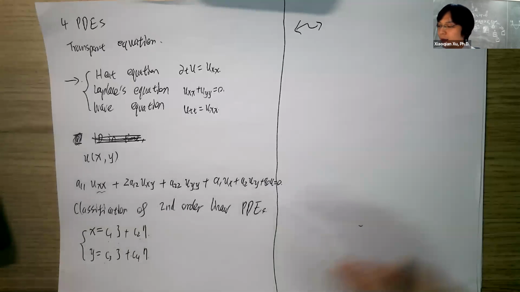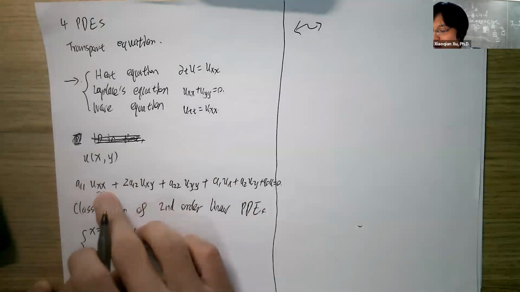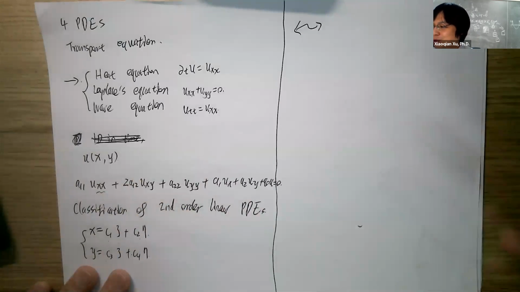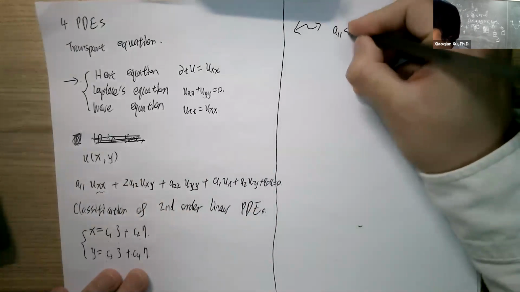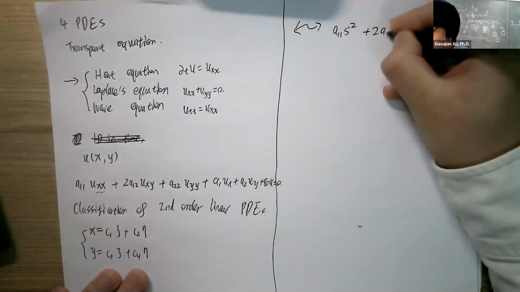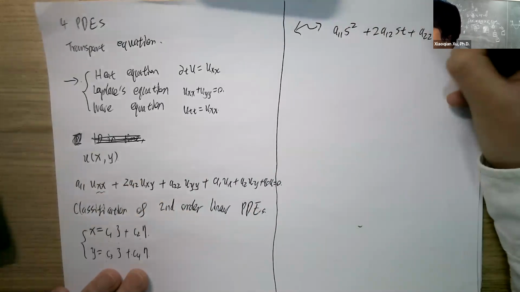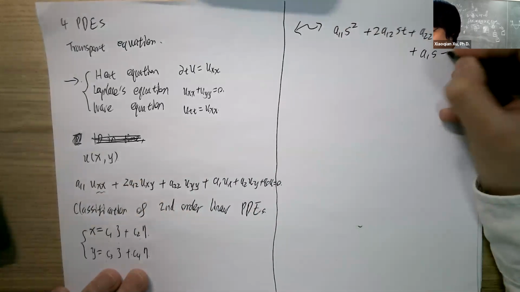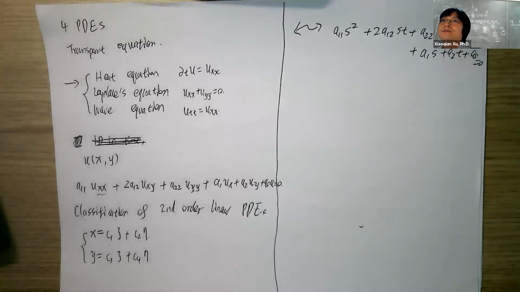Okay, just like that. You can think of this A11 uxx as transferring to some algebraic equation, such as A11 s squared plus 2A12 st plus A22 t squared, and maybe plus A1 s plus A2 t plus A0 equals to 0.